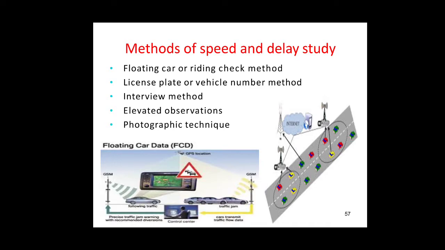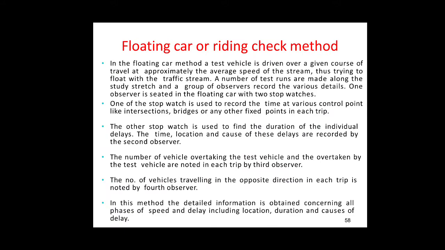Now, in the first case, that is the floating car or the riding check method, a floating car or a test vehicle is driven over the given stretch of the road approximately at the average speed of that road or of that particular zone. Thus, it tries to float with the traffic stream.